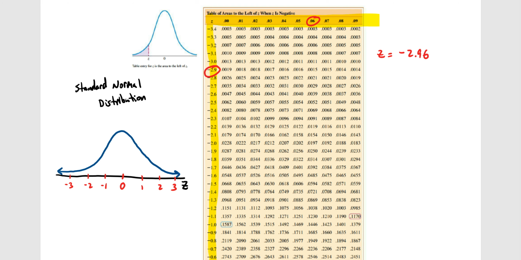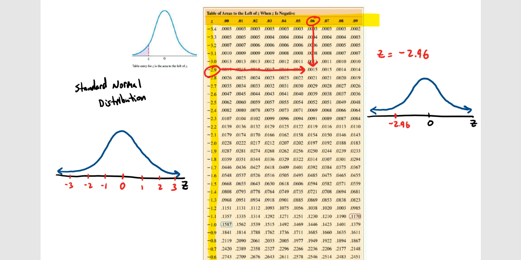And where they meet, this value right here tells us the area under the standard normal curve to the left of that z-value. So if we have our curve here and we know the mean is 0 in the middle, -2.96 is maybe about right here, just somewhere to the left of it. And these are our z-values, so that was -2.96 on that horizontal axis.